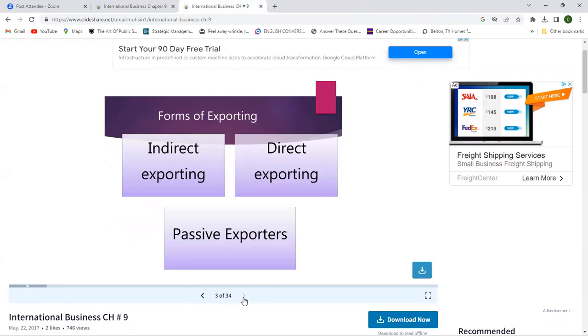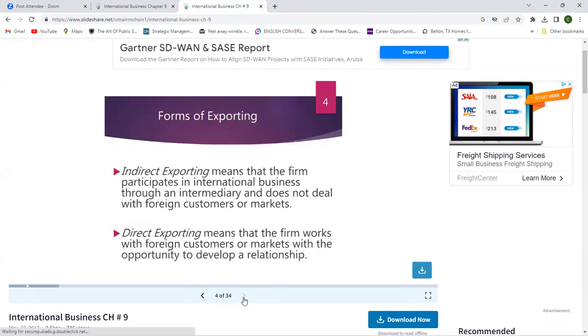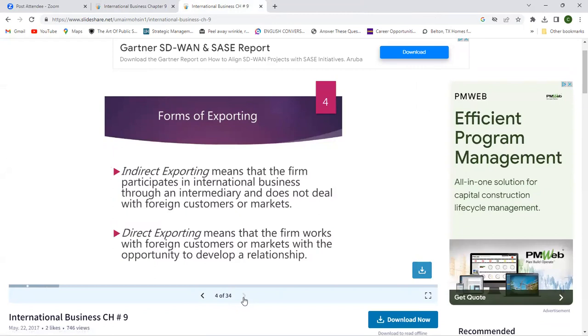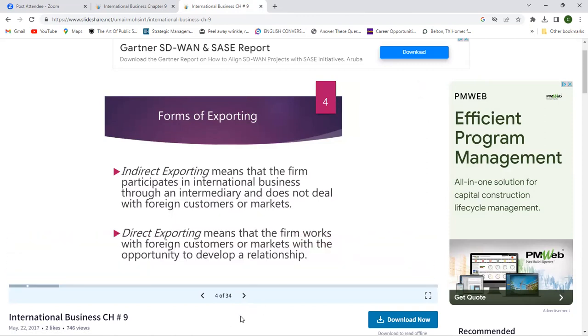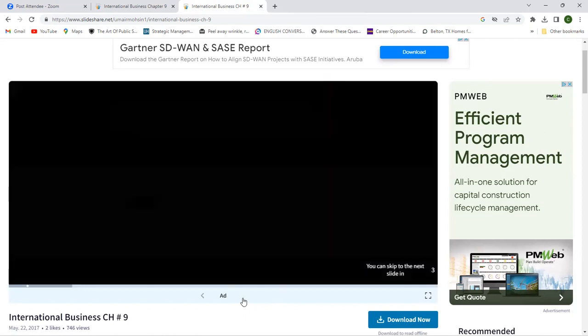Forms of exporting: indirect exporting, direct exporting, and passive. Indirect exporting means the firm participates in international business through intermediaries and does not deal with foreign customers or markets. Direct exporting means the firm works with foreign customers and markets, with the opportunity to develop a relationship.